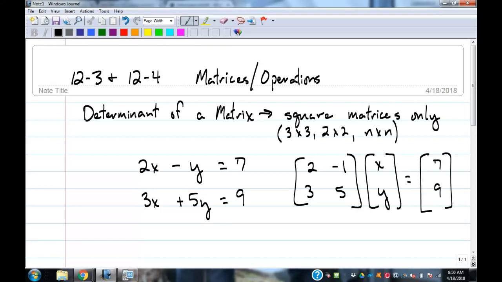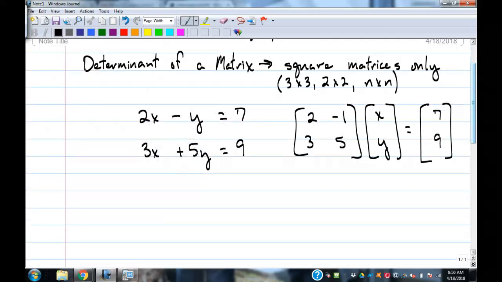Now, as long as that number is not 0, then you can solve that system. That doesn't mean we know whether it has infinitely many solutions or just one solution. We just know it has answers if the determinant is not 0. That's the application of it. We're not going to use determinants to solve systems, but it could be used to solve systems. But that property is what that determinant helps us find.